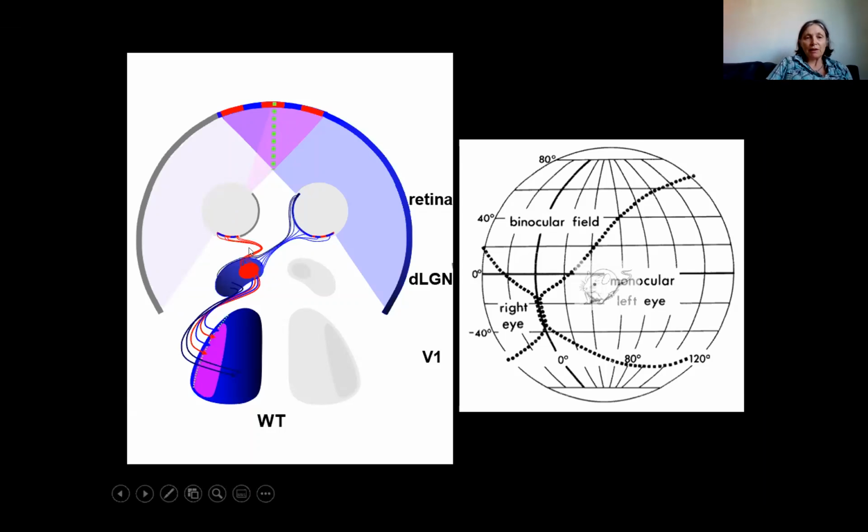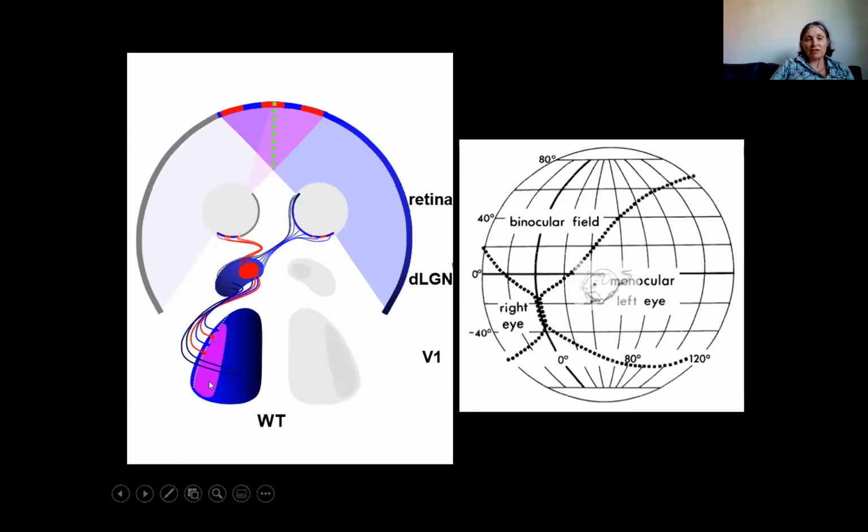The ipsilateral pathway stays on the same side and maps consistently into the dorsal part of the lateral geniculate nucleus, whereas the contralateral retina, which sees this more peripheral part, maps to the rest of the lateral geniculate nucleus. An interaction of various axonal guidance molecules enables these circuits to form with a high degree of topographic accuracy.